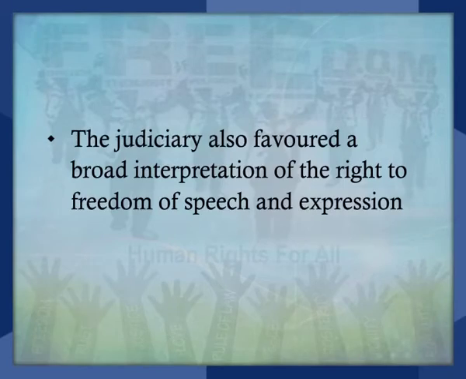The judiciary also favored a broad interpretation of the right to freedom of speech and expression. This was not acceptable to the Parliament, which sought to place restrictions on the exercise of the right so as to prevent its perceived abuse. It attained these aims by passing the first constitutional amendment in 1951, leaving behind a problematic legacy.